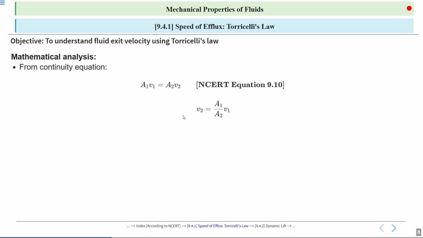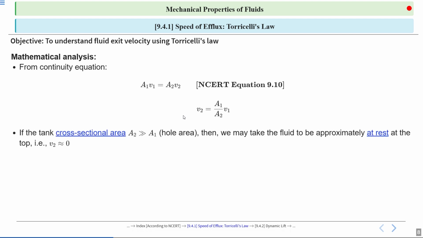So we can rearrange the equation to solve for V2. V2 equals A1 divided by A2 times V1. This means that the velocity at point 2 depends on the ratio of the areas and the velocity at point 1.